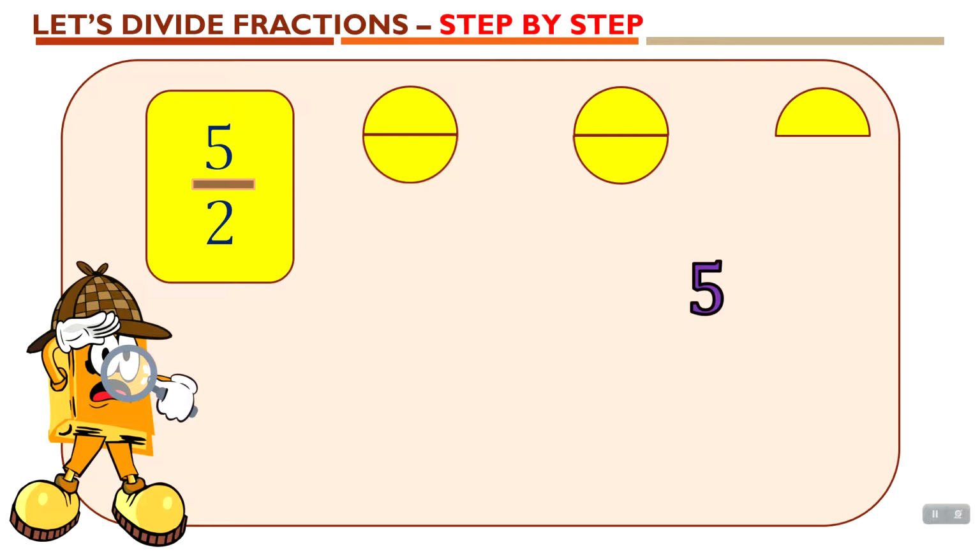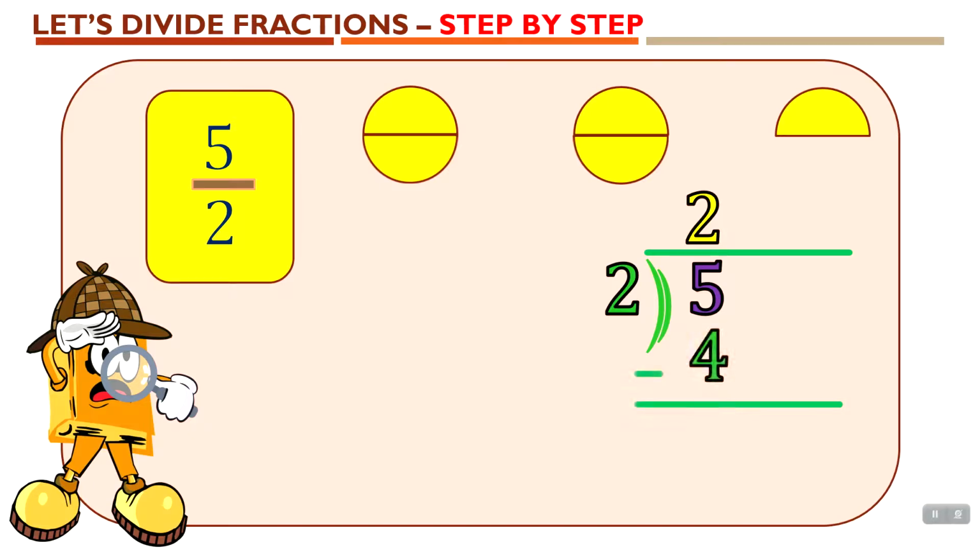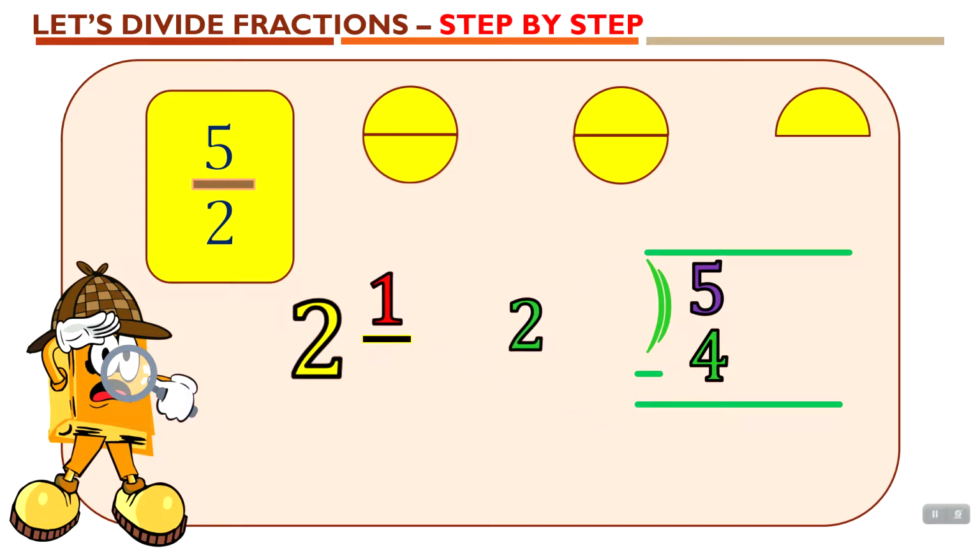We can divide 5 by 2 to figure out the math. 2 into 5 goes 2. 2 times 2 is 4. 5 take away 4 is 1. And so 5 over 2 can be represented as 2 and 1/2. 5 over 2 is the same as 2.5.